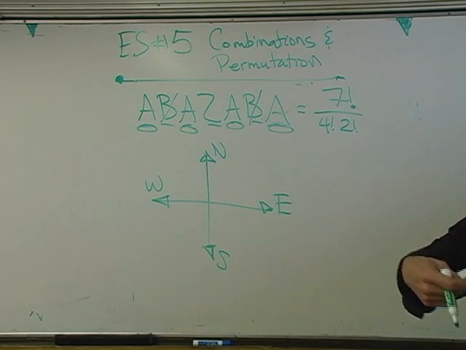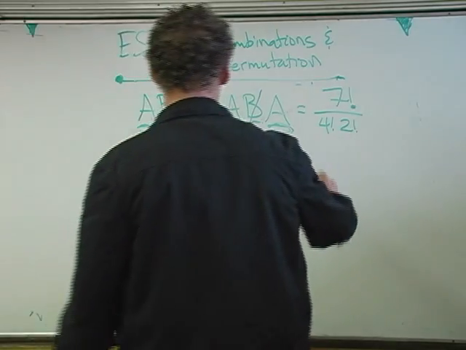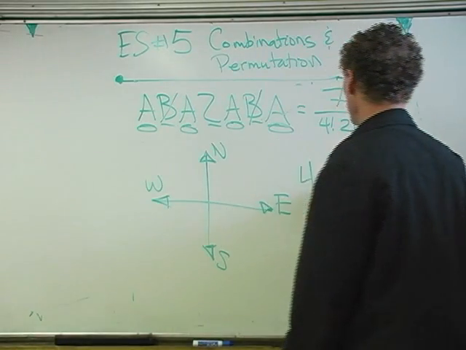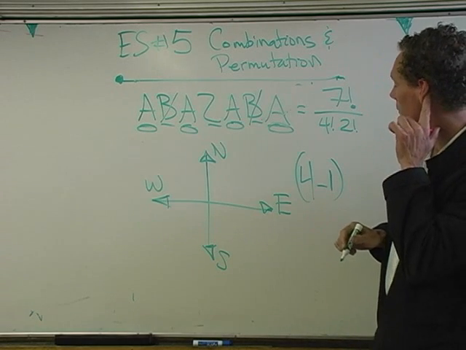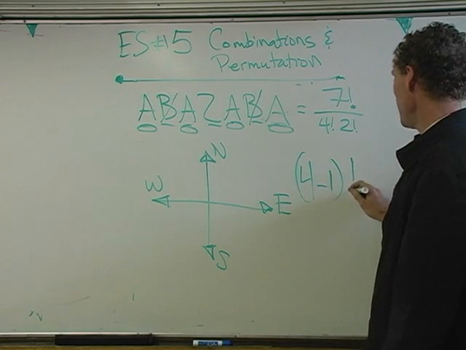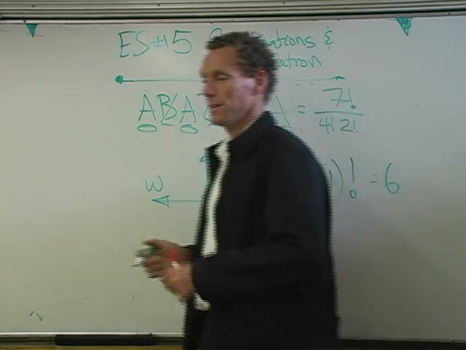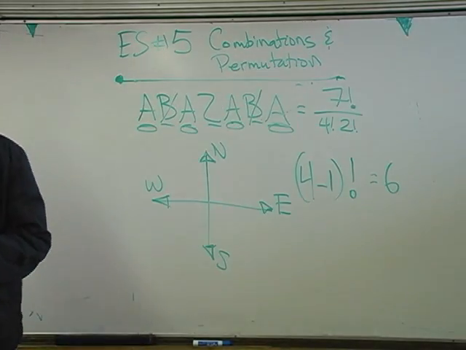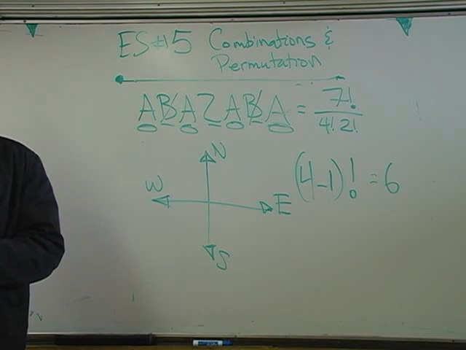This is a circular permutation. What's 4 minus 1 factorial? 3 times 2 times 1 is 6. Questions? Combinations, permutations, fundamental counting principle.